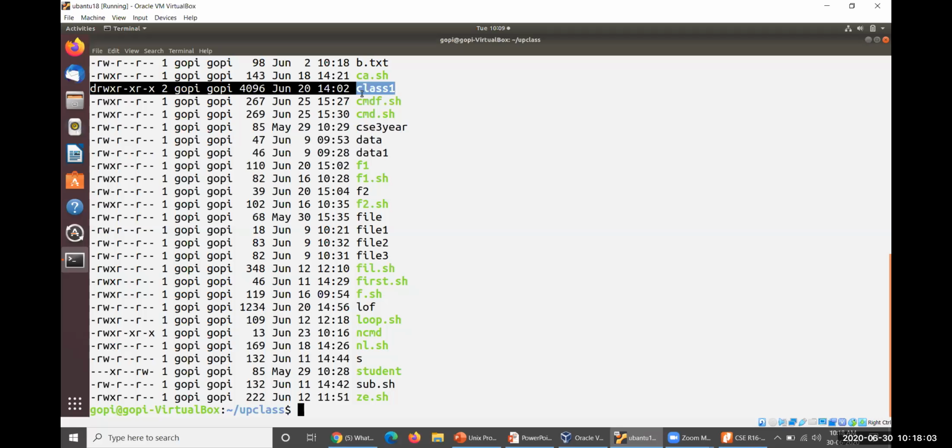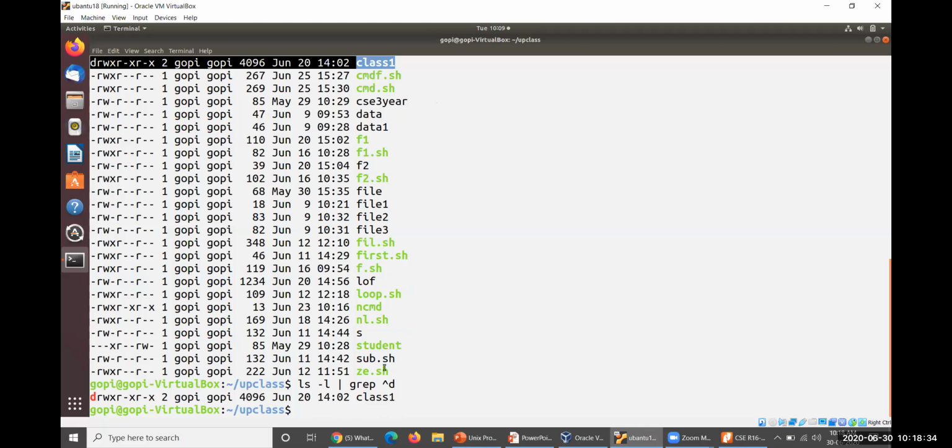If you prepare a buffer, that is the pipe symbol, everything will be stored within that pipe. Every kind of data is there, and within that, if any line starts with D, only that data will be displayed. So for that we use ls -l, then grep, starts with D. Look at this, only one directory is available with us.